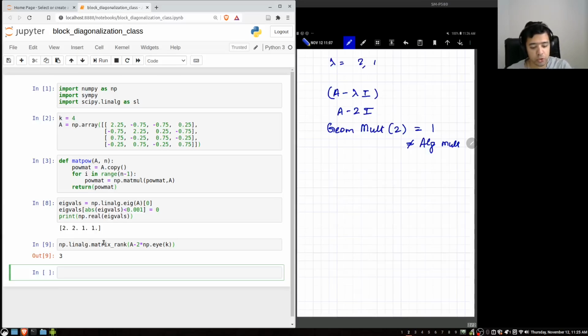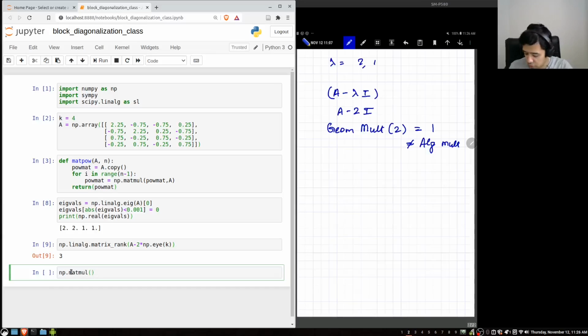So can we block diagonalize it? The hope is to somehow show that this is similar to a block diagonal matrix with at least 2 by 2 blocks. Let's first see what the minimal polynomial is.